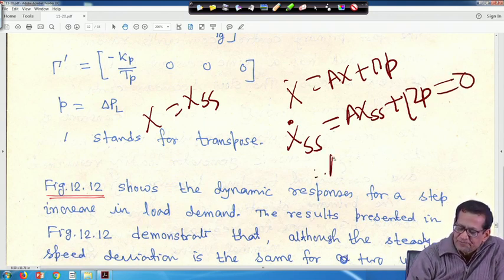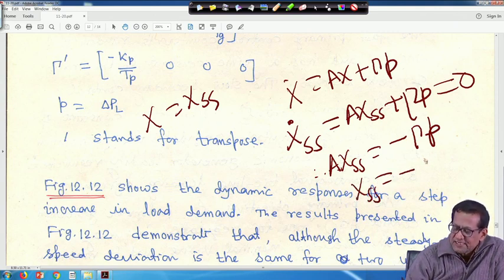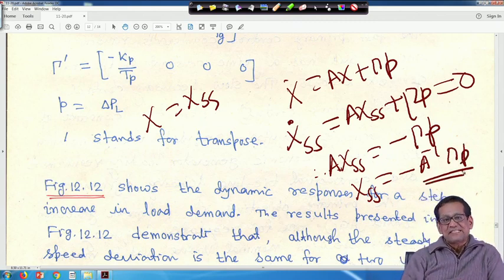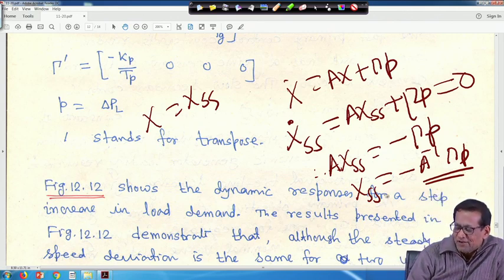That means A x_ss is equal to minus gamma p, or multiplying both sides by A inverse, x_ss will be minus A inverse gamma p. That means if A inverse exists for any system, the steady state values of all the state variables will be known.